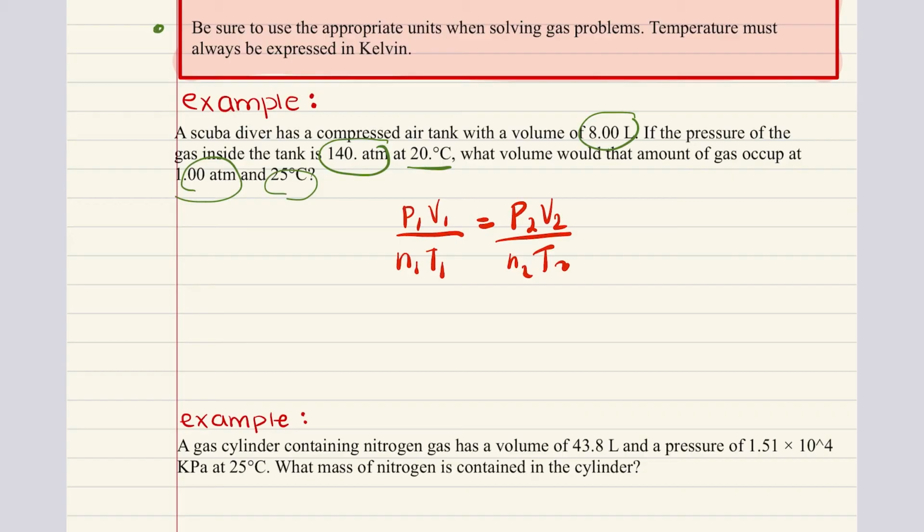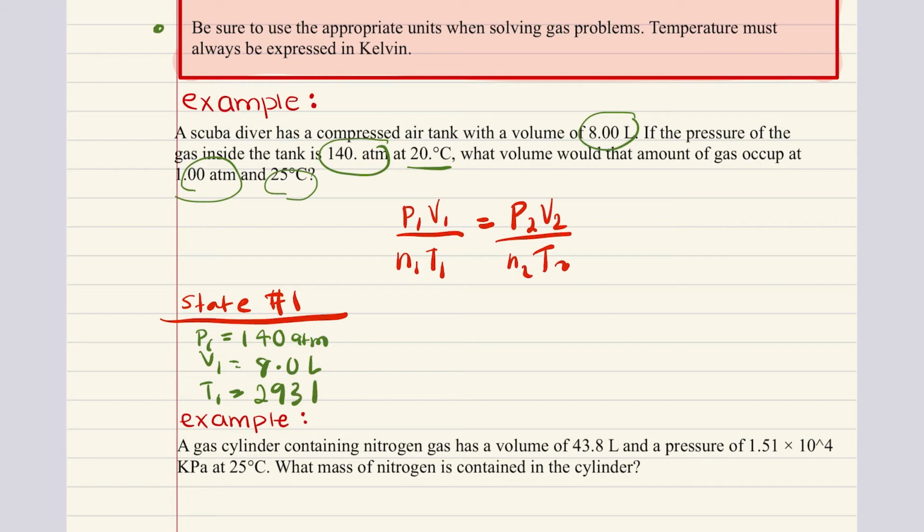For state 1, what information do we have? We have our initial pressure of 140 atmospheres. We have our initial volume, 8 liters. We have our T1, which is 20 degrees Celsius, but we want that in Kelvin. So 20 plus 273 is 293 Kelvin.